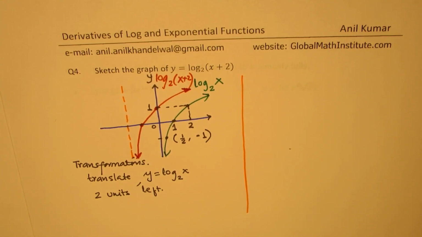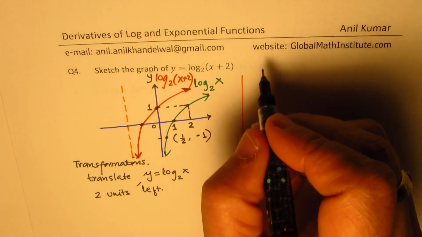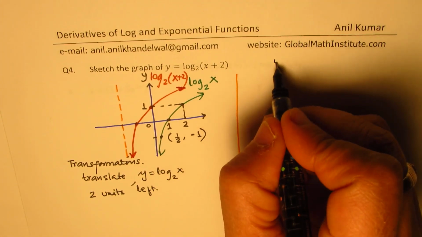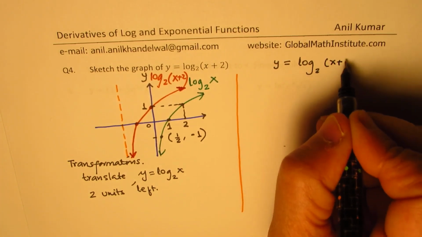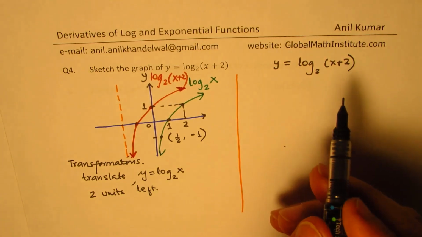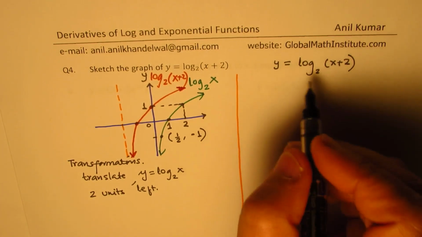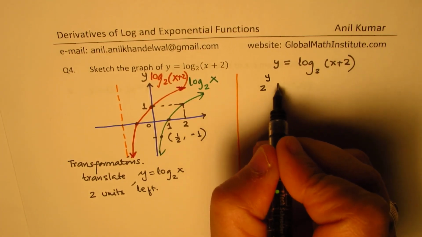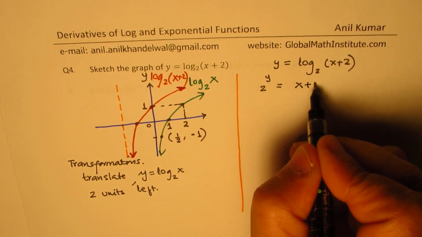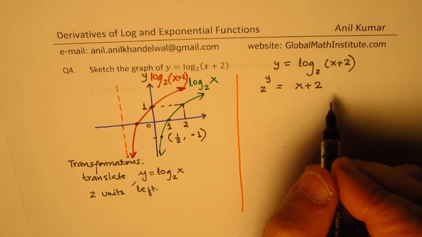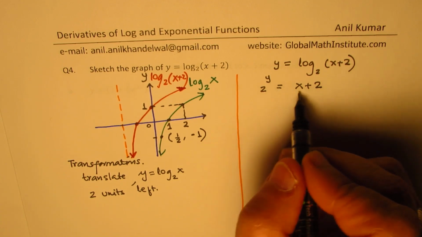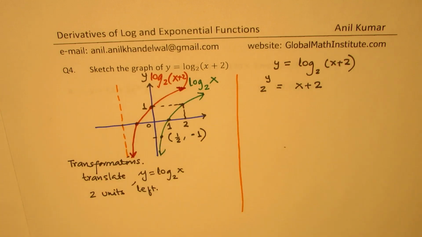The second method which I am going to show you is to get a set of points. We will again work with the function log to the base 2 of (x plus 2). We can write it in exponential form: 2 to the power of y is equal to x plus 2. So for different values of y, we can calculate the values of x.